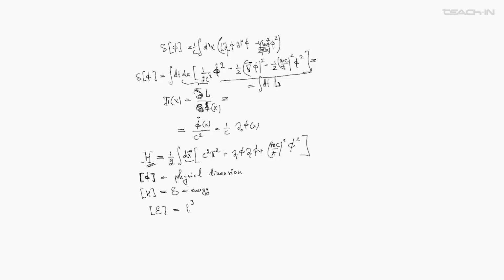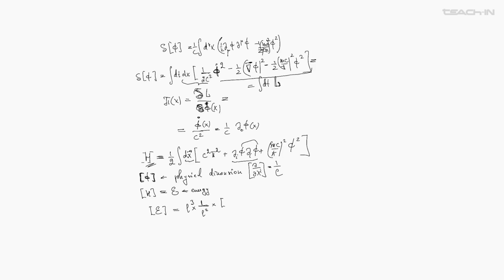Then there will be, for instance, from this term, two derivatives, and derivative has dimension 1 over length, right? Because it's derivative d over dxi. So this has a dimension of 1 over length. And then there will be field phi coming twice, so phi squared.